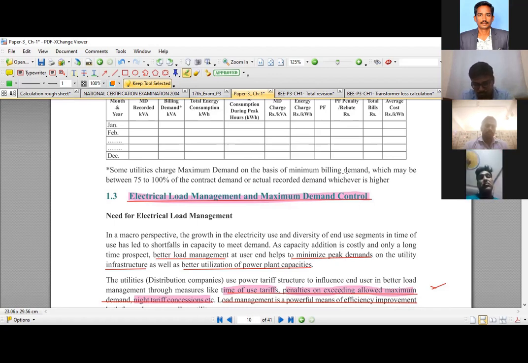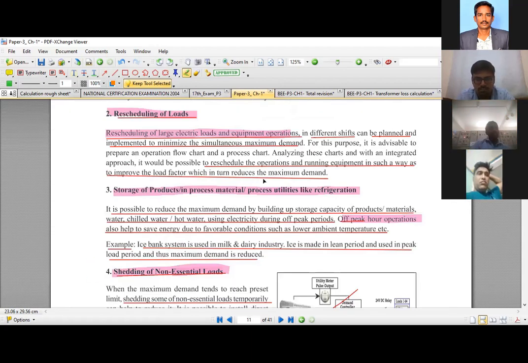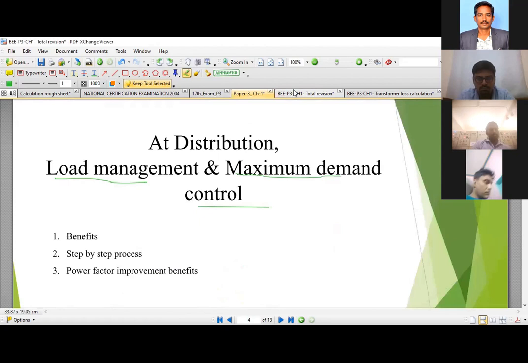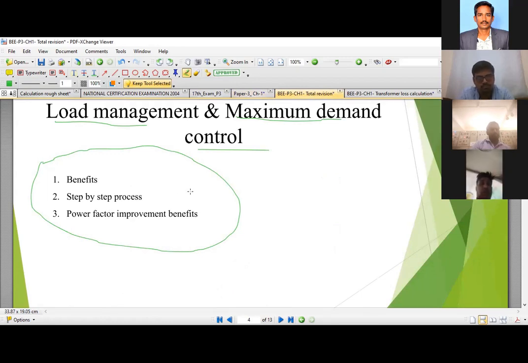Then many motors not running, so setting the non-essential load, whenever needed you can run with an automatic system. Next one, DG. What is the purpose? Maximum demand reduce. Next one, power factor improvement, reactive component. That is 6 points. Whenever you see this, all the points, these 3 points everything is included. One time you read it, you just come and go through it, easily understand.